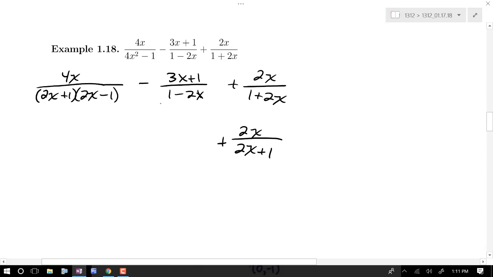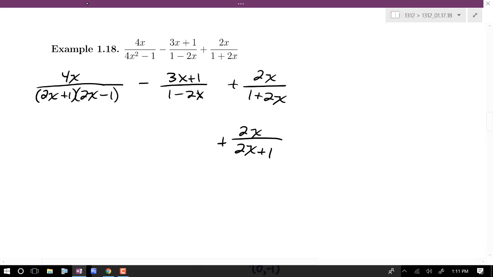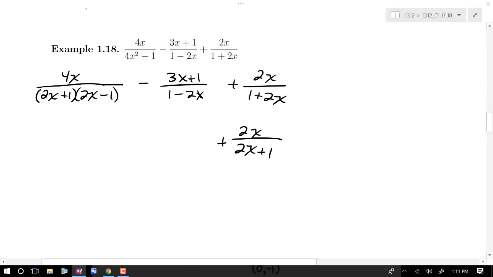I think what I'll do, because we can reverse the order of subtraction just by factoring out a negative, is this: 3x plus 1 over negative 2x minus 1, like that. The other one I'm not going to take out a negative because that will result in the same difference between those two factors. So I'm just going to do it to 1, so now it matches this one over here.